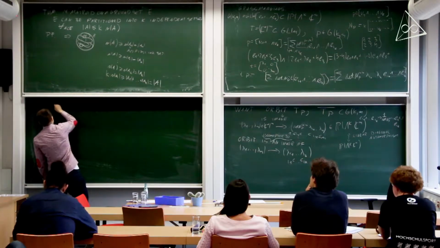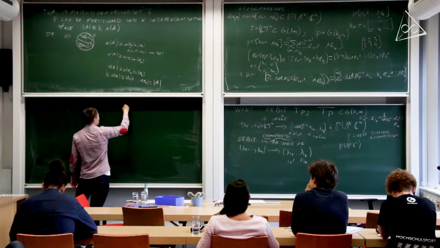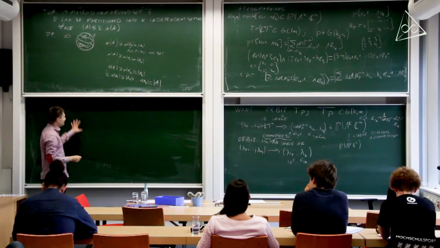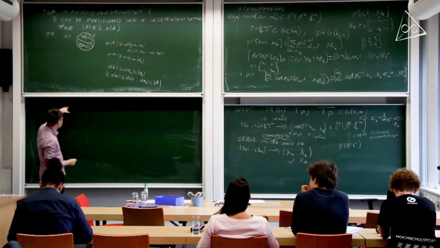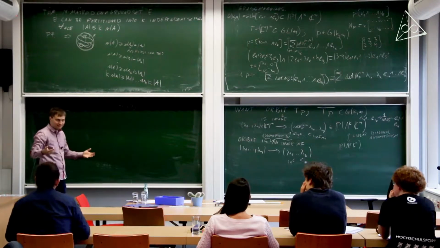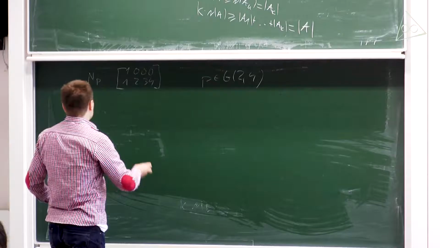So this is a matrix that represents a point in the Grassmannian G(2,4). Is it clear what kind of subspace I mean? It's a 2-dimensional subspace spanned by these two vectors in a 4-dimensional space.